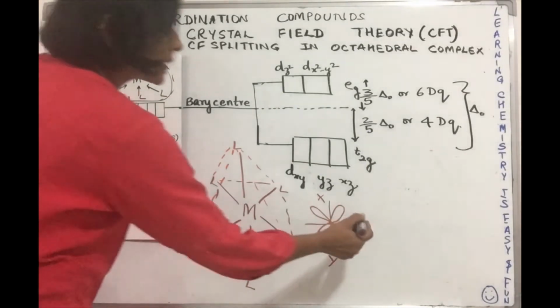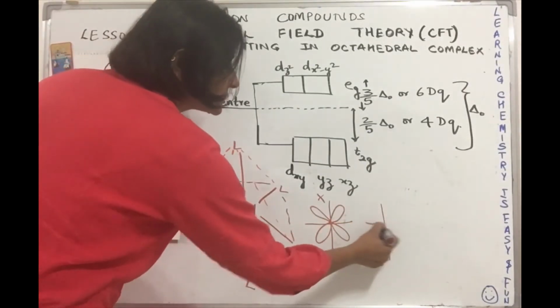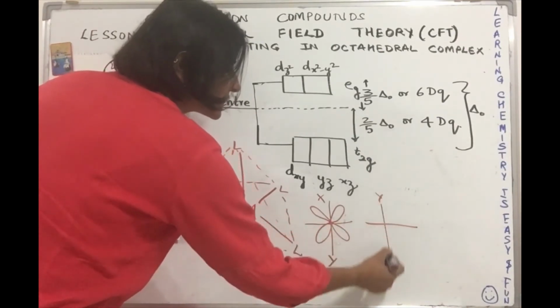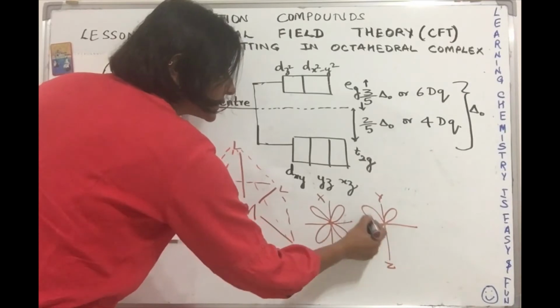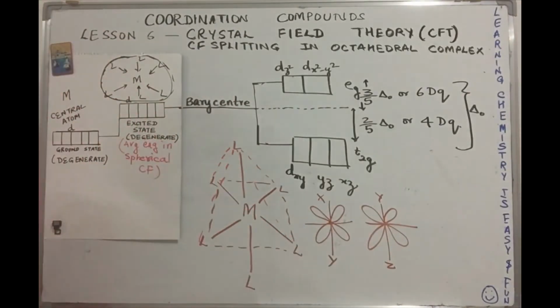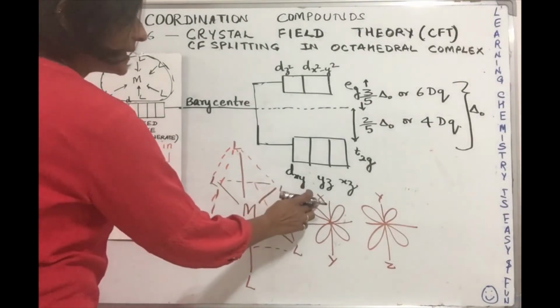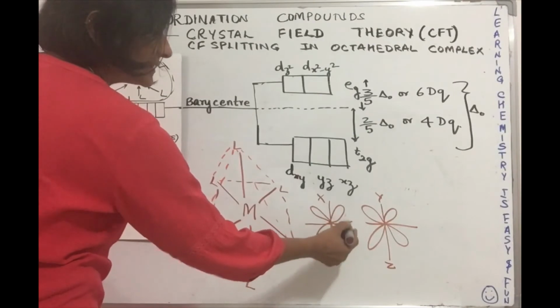If I'm talking about yz, my dyz is like this. And how will xz be? The same way, but you'll have x and z over here.